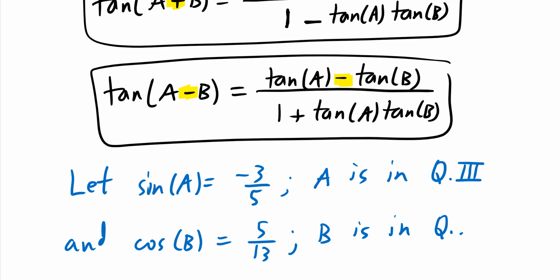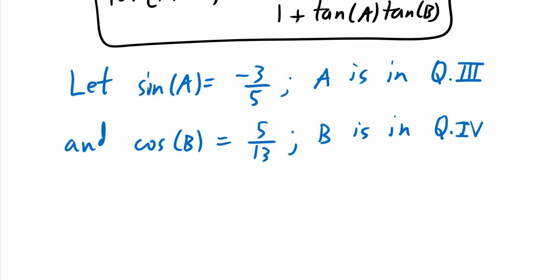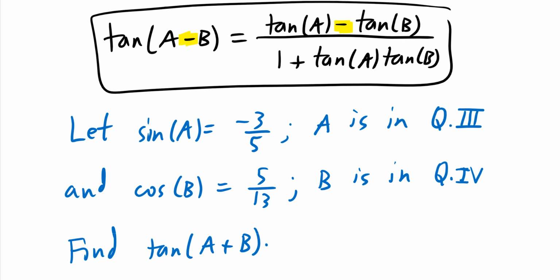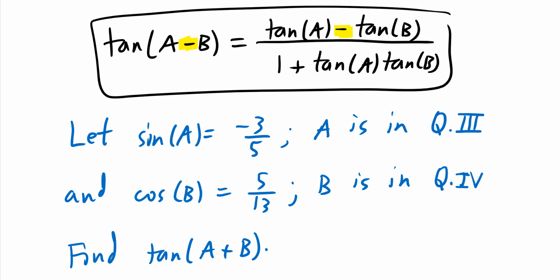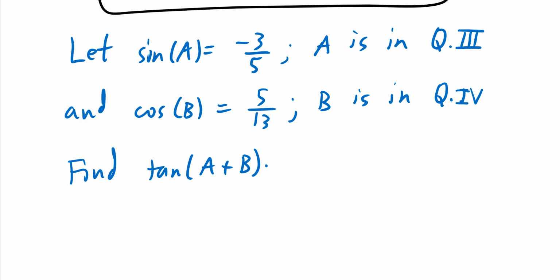Make it quadrant 4. Because cosine is negative in quadrant 3. So find the value of tan A plus B. So I'm going to use that formula, tan A plus tan B. So what I need is just tan A and tan B. If I got those, I just substitute them in and simplify.